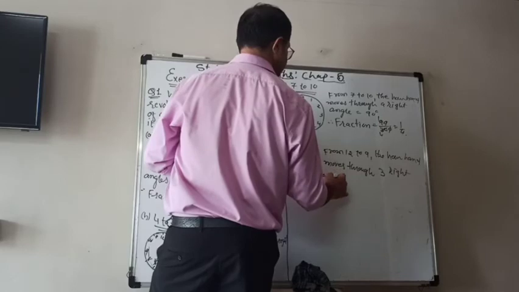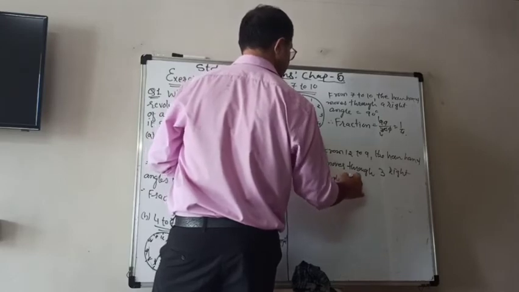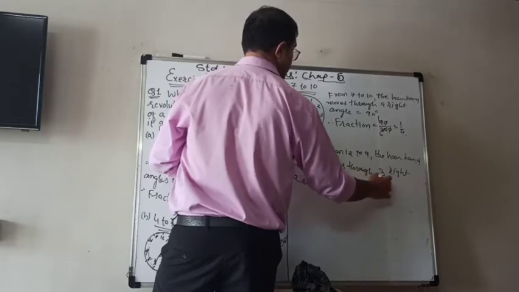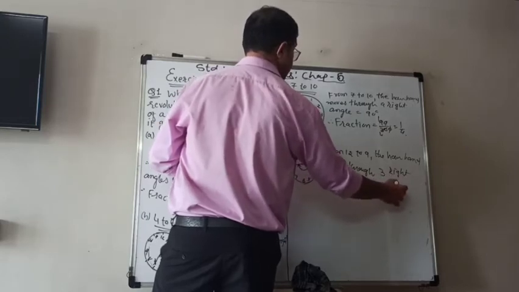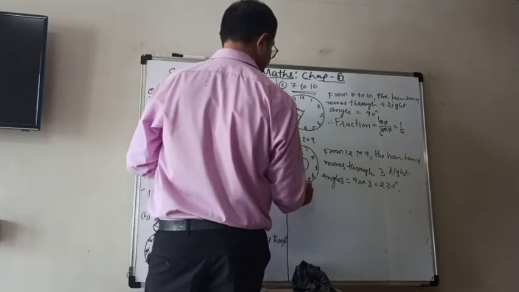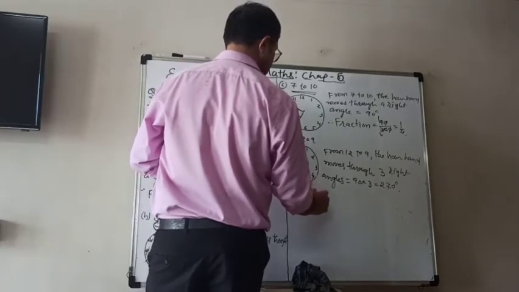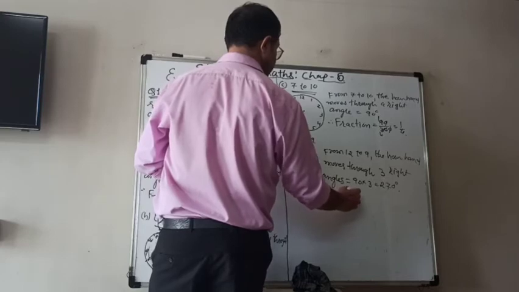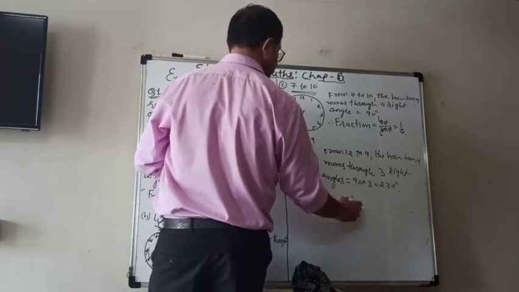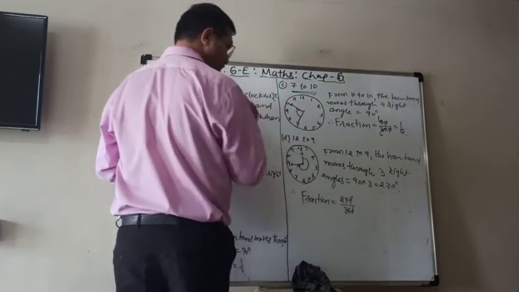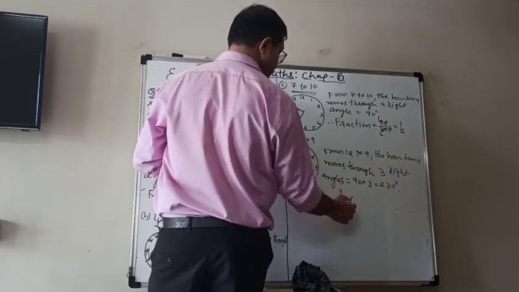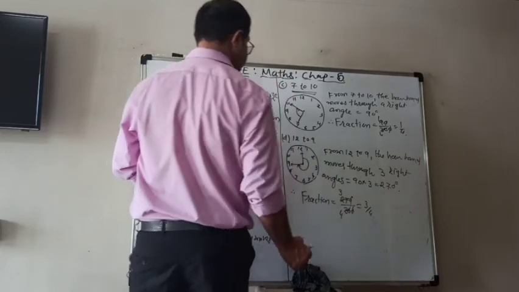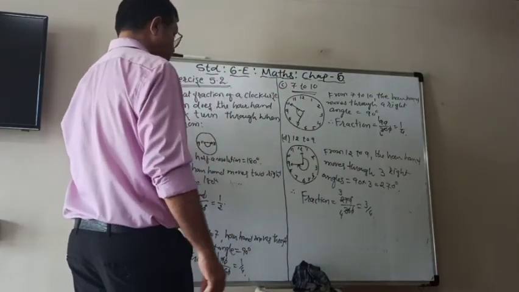That is 90 multiplied by 3, how much? 270 degrees. Therefore, the fraction is 270 degrees divided by 360. Now 9 3s are 27, 9 4s are 36. So your fraction is 3 upon 4.